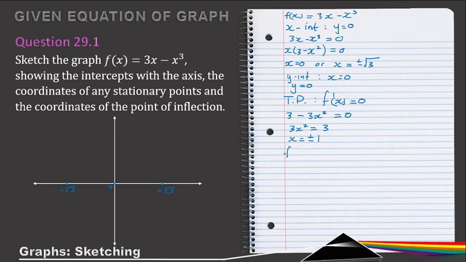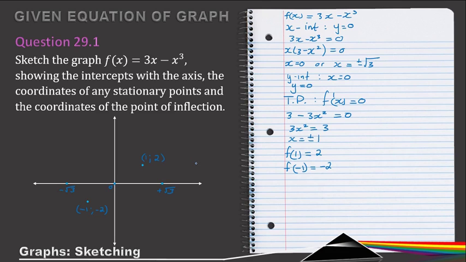So substituting that into the original graph, if I substitute in 1 into the original graph, then I get 2. And if I substitute in negative 1 into my original graph, I get negative 2. So my 2 points then lie here at 1 and 2, and the other point would lie at minus 1 and minus 2.